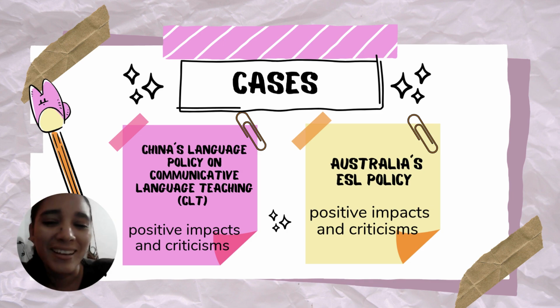Resource disparities: not all institutions have the resources to fully support CLT, leading to uneven educational outcomes and challenges in implementing the policy uniformly.